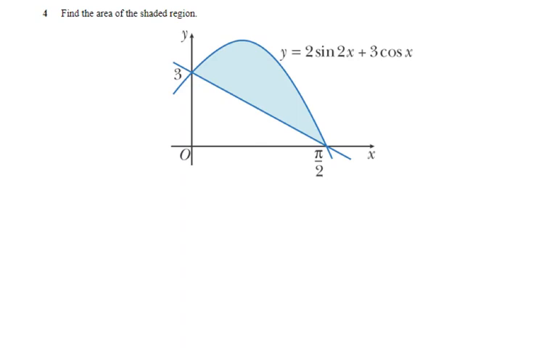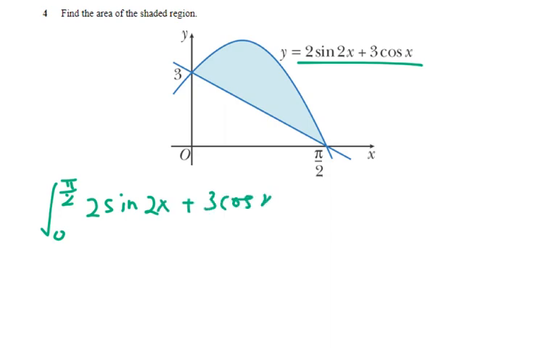Find the area of the shaded region. First, limits are given from 0 to pi over 2. To find the area under the curve, which is bounded by the curve and the x-axis, all we need to do is integrate from 0 to pi over 2 of sine of 2x plus 3 cosine of x dx.